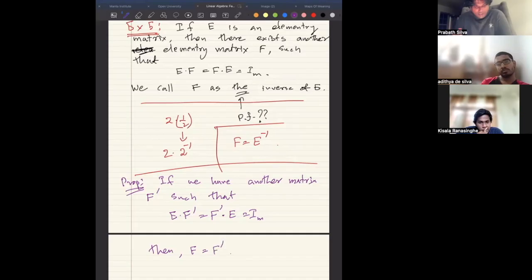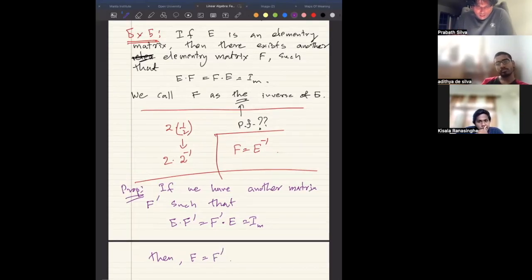So what's happening here? I have written that F is the inverse. When I write this, I'm telling you that there is only one, right? And you can show this. If you have another one, then both of those should be equal.